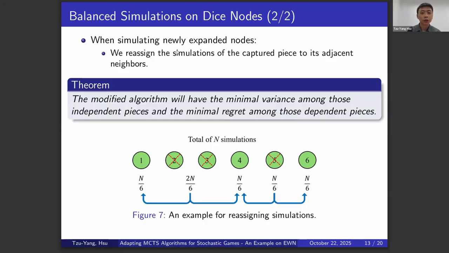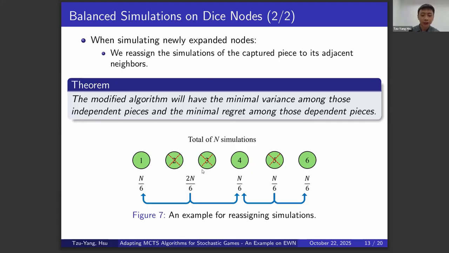Similarly, when we are simulating the newly expanded nodes, we will reassign the simulations of the captured pieces to its adjacent neighbors. For example, suppose that we have a total of n simulations, and we first run n over 6 simulations for the uncaptured pieces 1, 4, and 6.